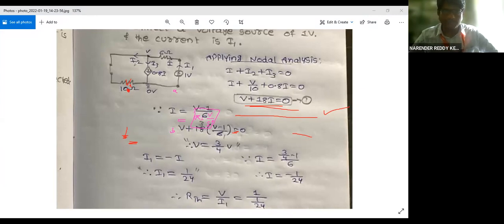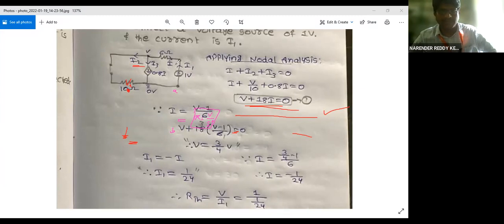How did we write the equation for I2? We wrote it as V by 10, or V minus 0 by 10. Similarly, I can write the equation for I. I can even eliminate I by writing the equations in nodal form. What is the equation I can write for I?